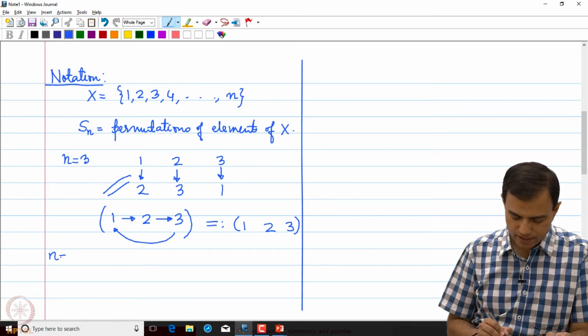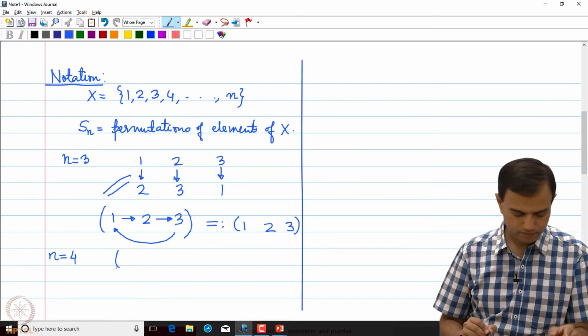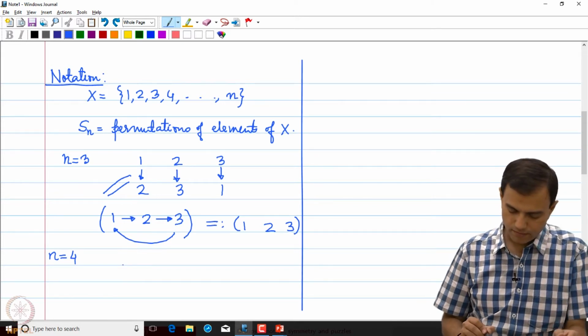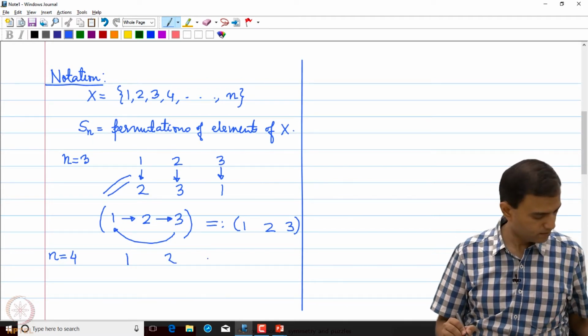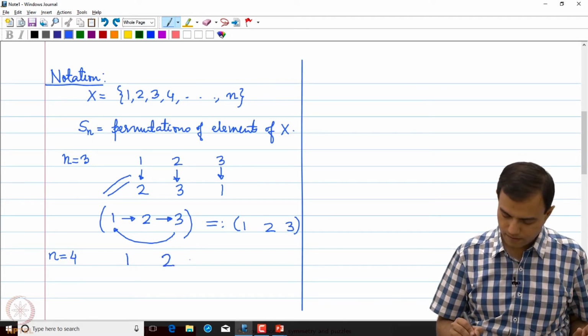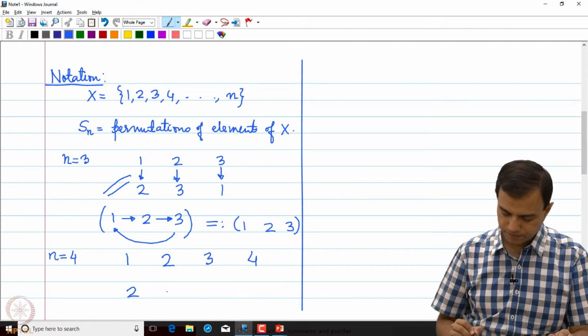Here let's take n is equal to 4. Suppose this is the original position, and suppose 2 comes here, 1 goes there, 4 comes here, 3 goes there.